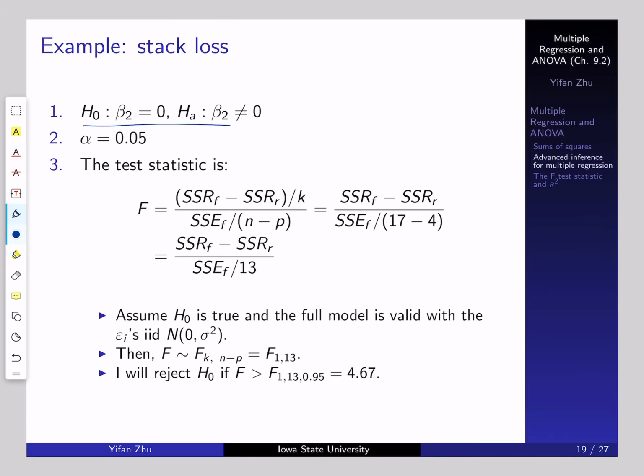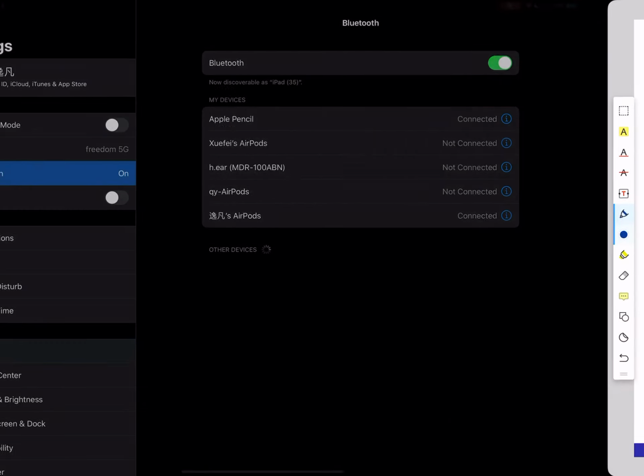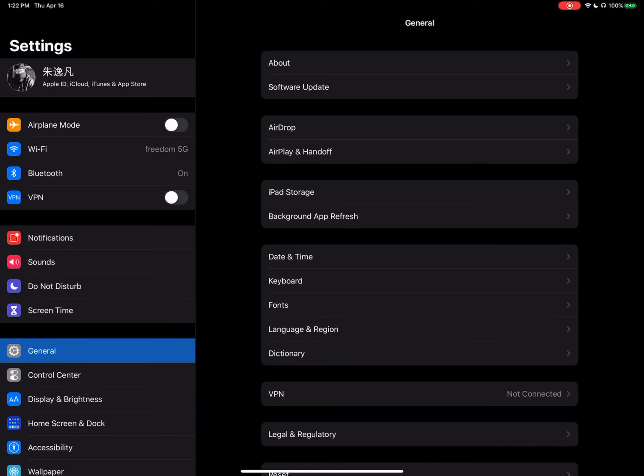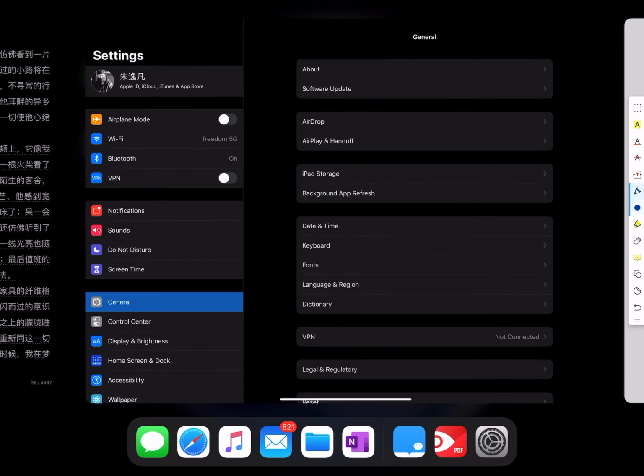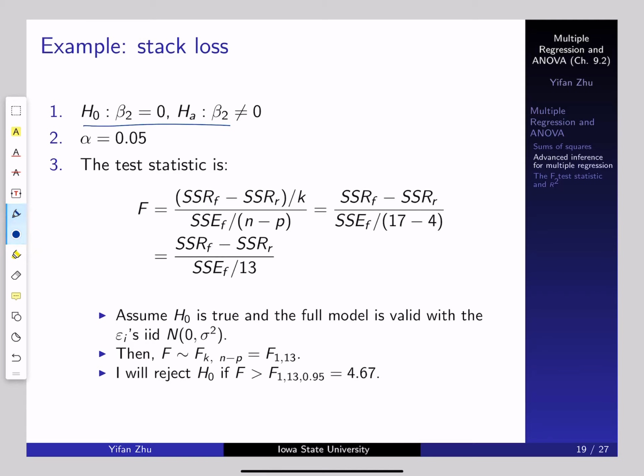And the test statistic is, again, SSR_F minus SSR_R divided by k. K is 1 here. And we have the MSE in the denominator.